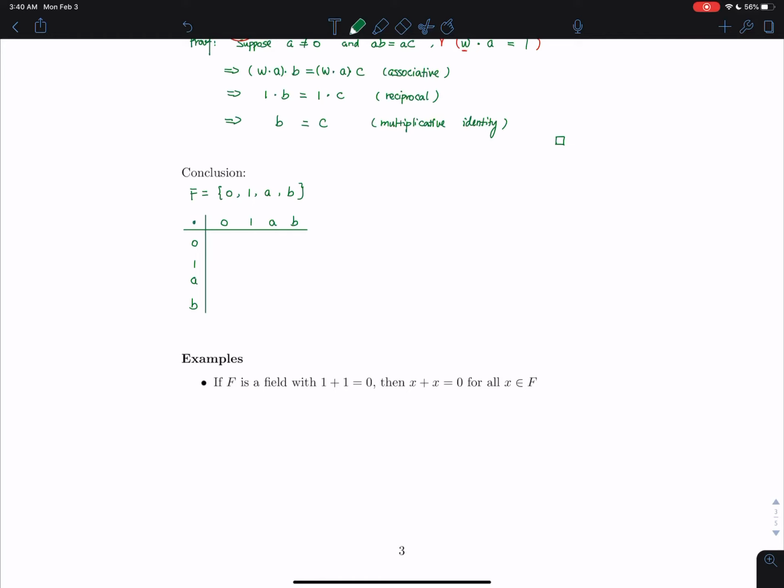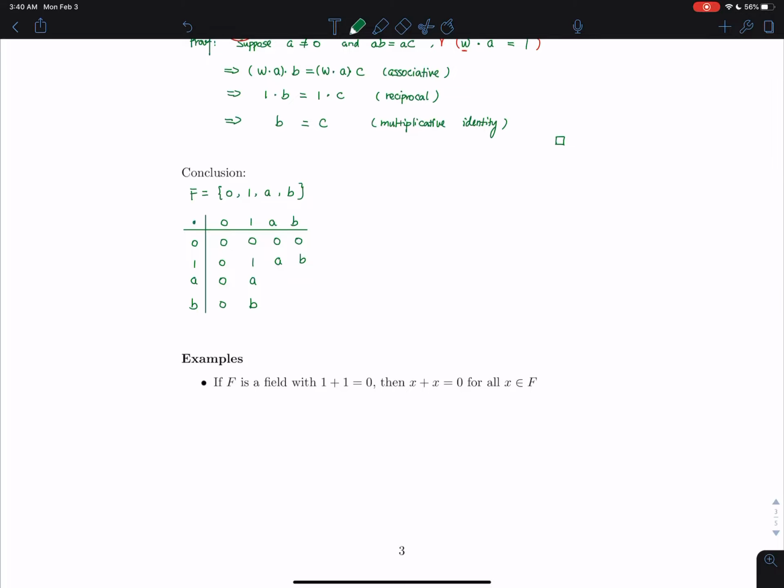First of all, 0 times anything is 0. So this row and this column should be easy. Also, 1 times anything is itself, since 1 is the multiplicative identity, so this row should be easy.